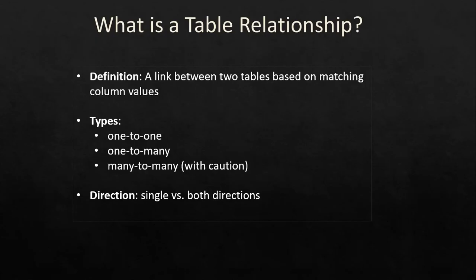Now, when they are connecting, you have to be careful of the direction, especially in Power BI, though this connection happens automatically when you load your data. Power BI does this connection for you. You don't have to be the one to do it. But sometimes Power BI can make a mistake and connect the wrong tables using the wrong columns.